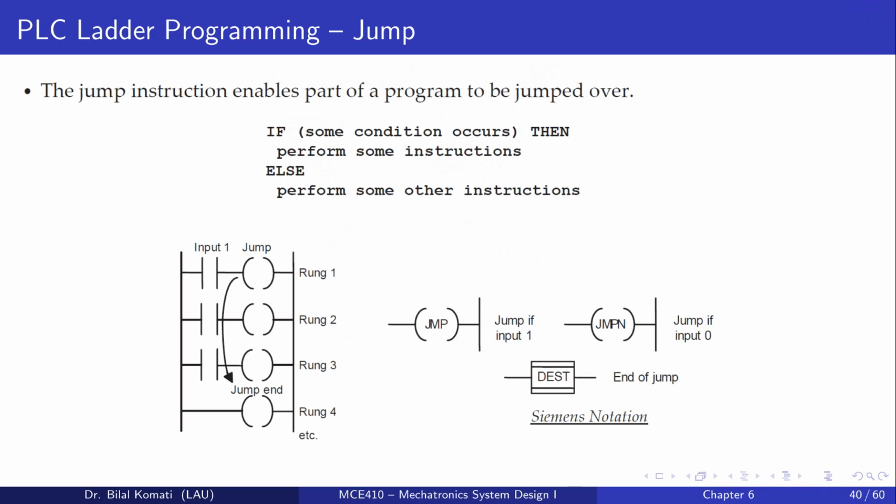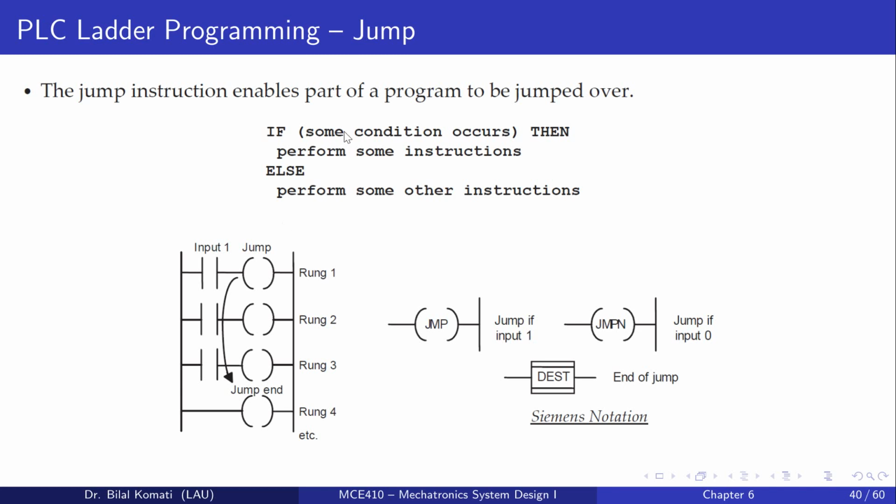So in PLC we also have an instruction called the jump instruction, and this enables part of a program to be jumped over, and this is very practical in a lot of applications.